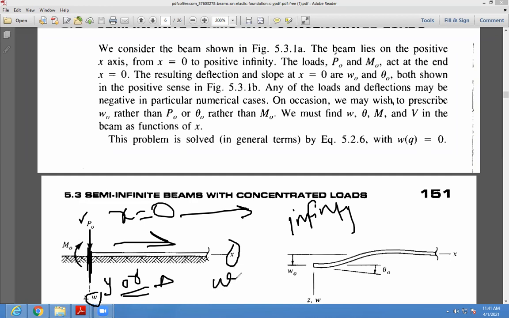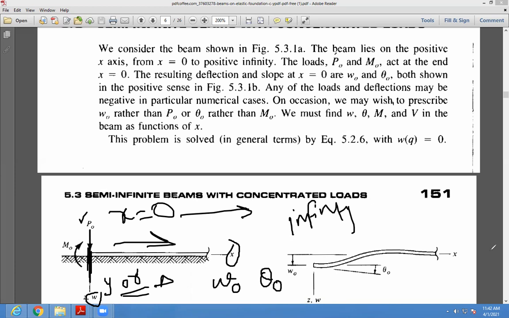Why W naught? Because at x equal to 0, the value of deflection is W naught, and at x equal to 0, the value of slope is theta naught, right? Both are positive in the sense shown in this figure. Any of the loads and the deflection may be negative in particular numerical cases.